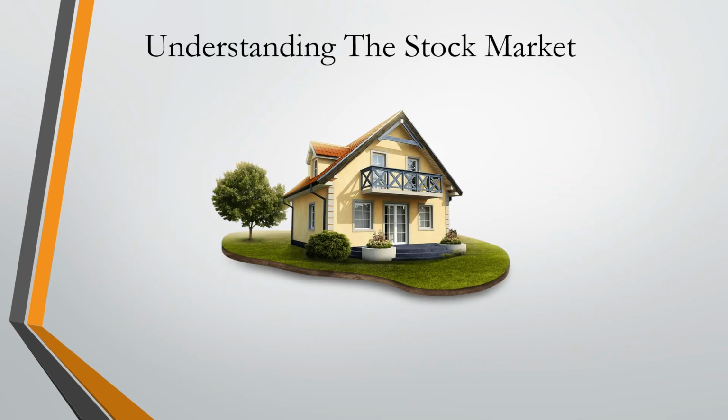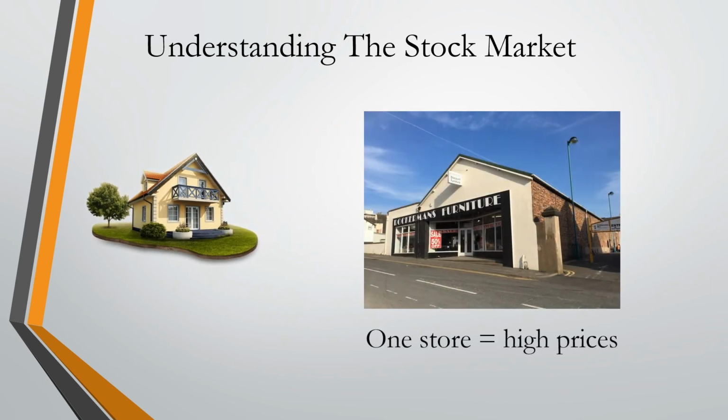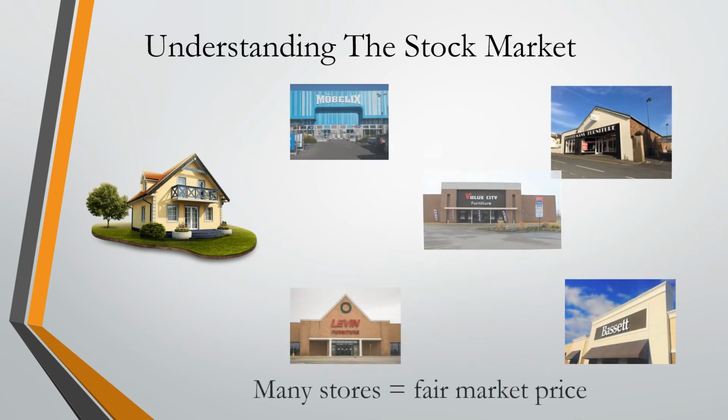The stock market operates similarly to any other commodity. Let me give you an example. You just bought a new house and now you have to furnish it. If there is only one furniture store to shop at, they can charge whatever they want because you have no other place to go.